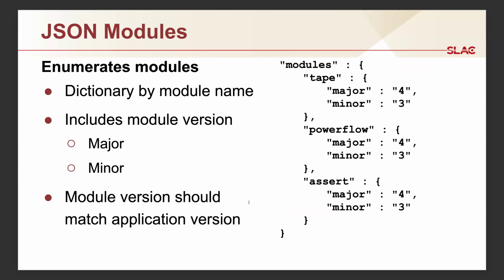I'm not aware of cases where that would not be true, but it's just something that we can use for validation. At this point, there's nothing else in the modules key itself that we are particularly concerned with, other than just knowing which modules are loaded in the model.